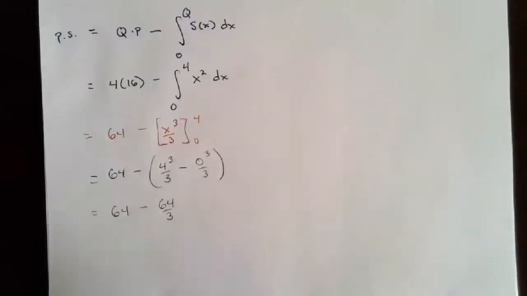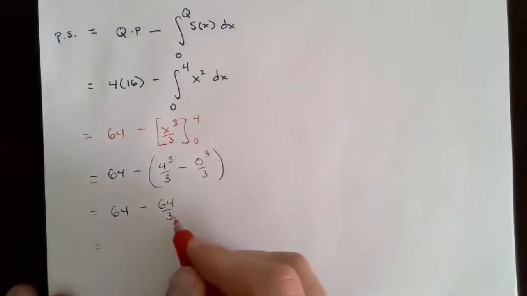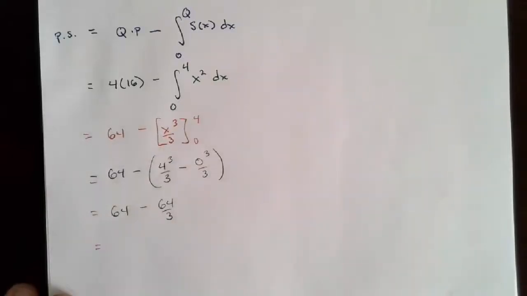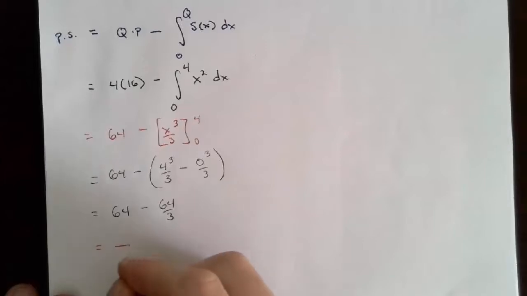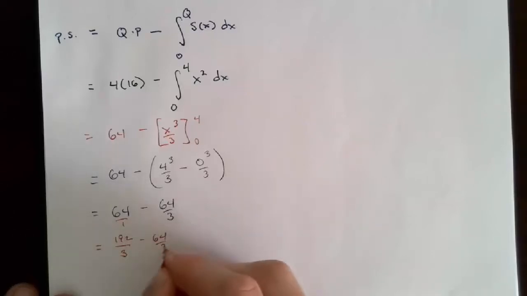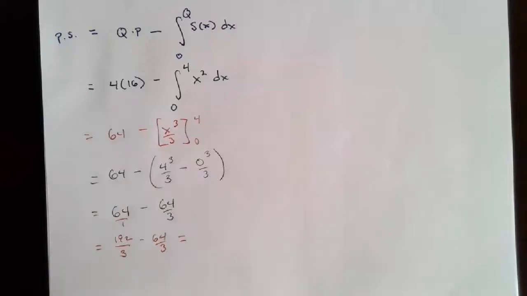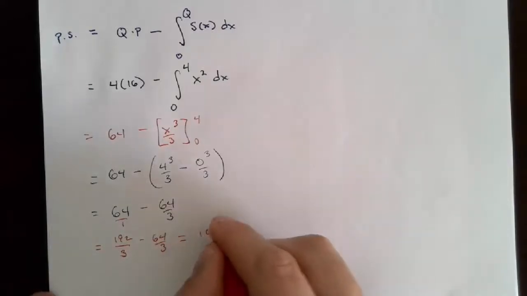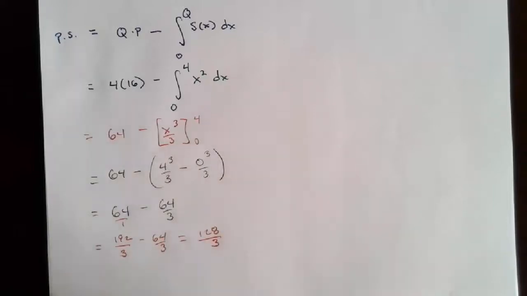Simplifying, if I wanted to write these both with a common denominator 3, 64 over 1 is equal to what over 3? We talked about this a minute ago. 1 times 3 gives you 3. 64 times 3 gives you 192, minus 64 over 3. 192 minus 64, I get 128 over 3.